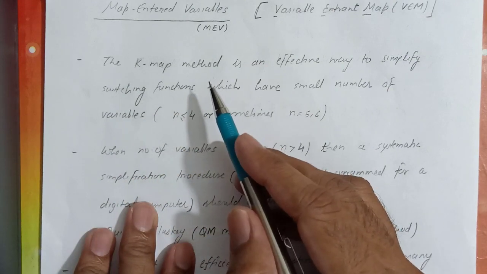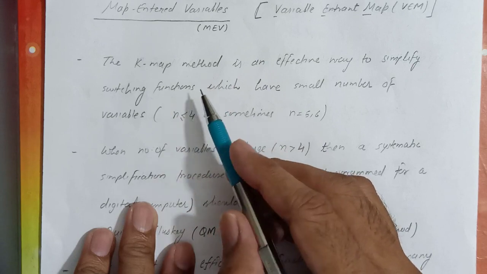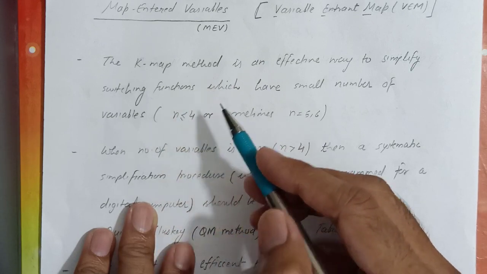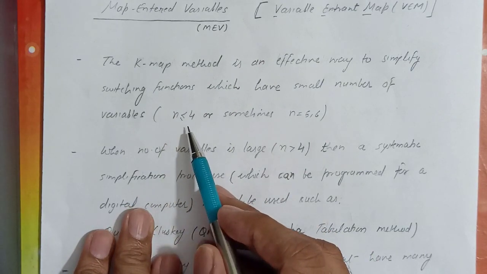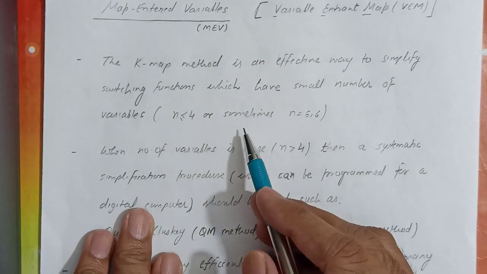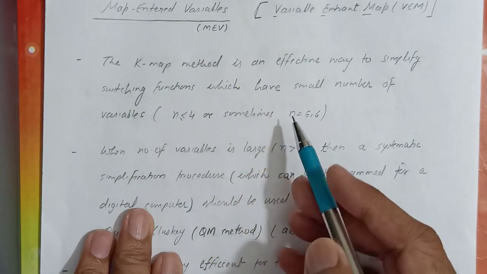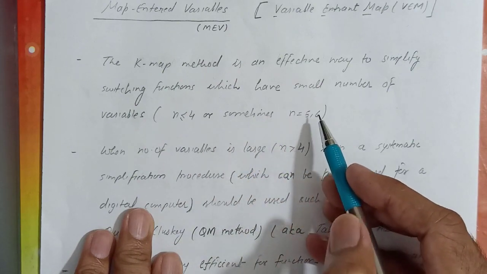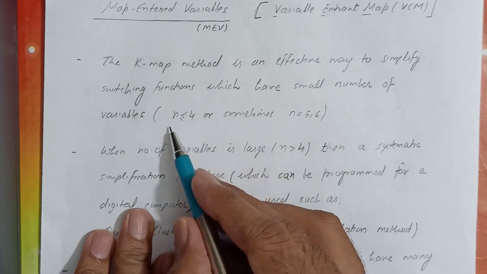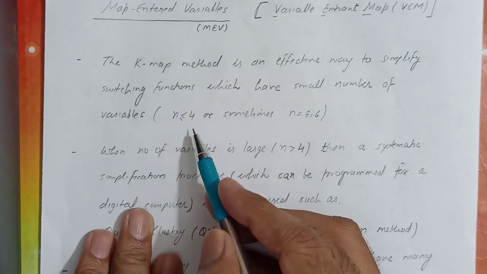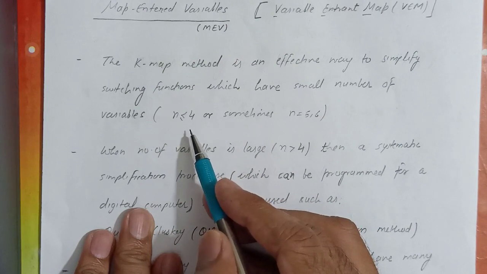Basically, it is an effective method for simplifying the switching function when the number of variables is less than or equal to 4. And sometimes we can also use the K-map method when the number of variables is 5 or 6. That means we have already learned how to draw the K-map when the number of variables is 4 or less.